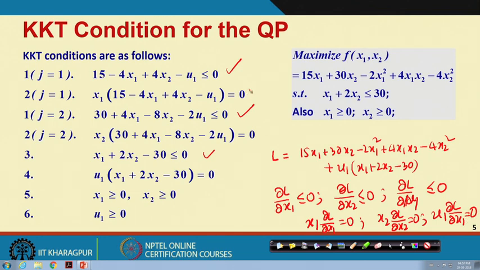So these are the 6 constraints that we have already seen, and other than that, x1 should be greater than or equal to 0, x2 should be greater than or equal to 0, and u1 should be greater than or equal to 0. So these are our KKT conditions, right.